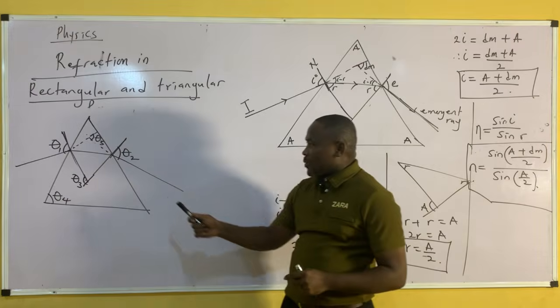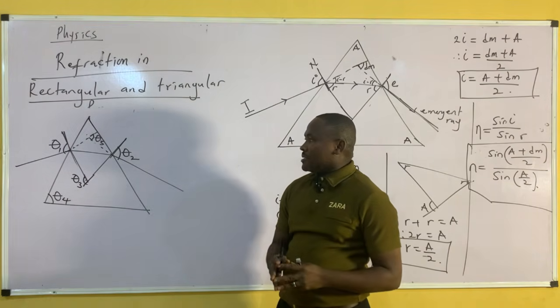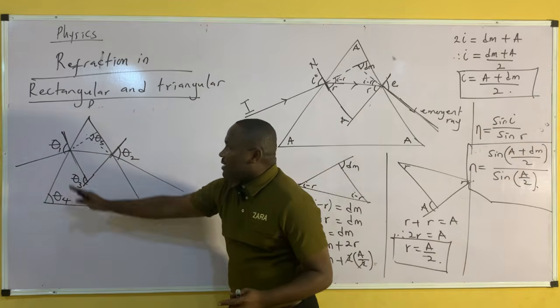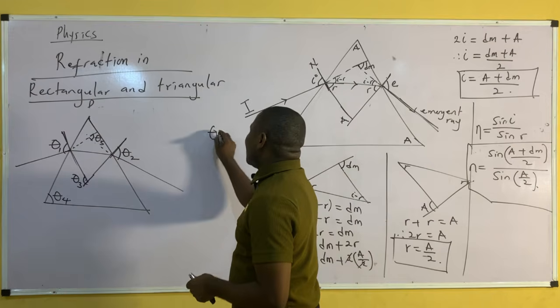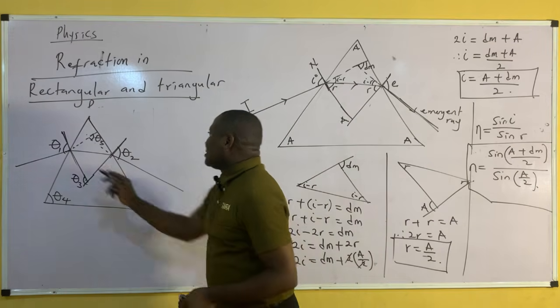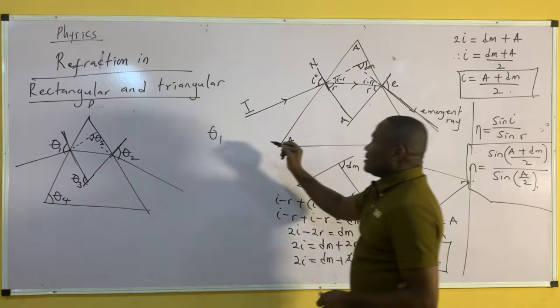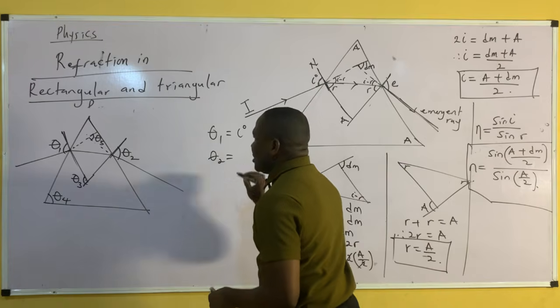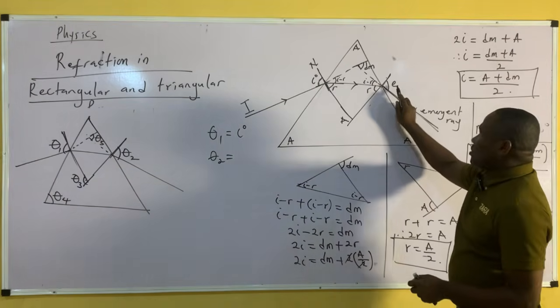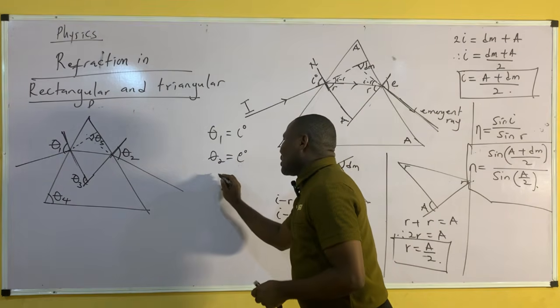Now let's look at a question like this that was tested in UTME and SSCE. Identify the following parts. In this question, what is theta 1? Theta 1 is our angle of incidence. What's theta 2? Theta 2 equals emergent angle.